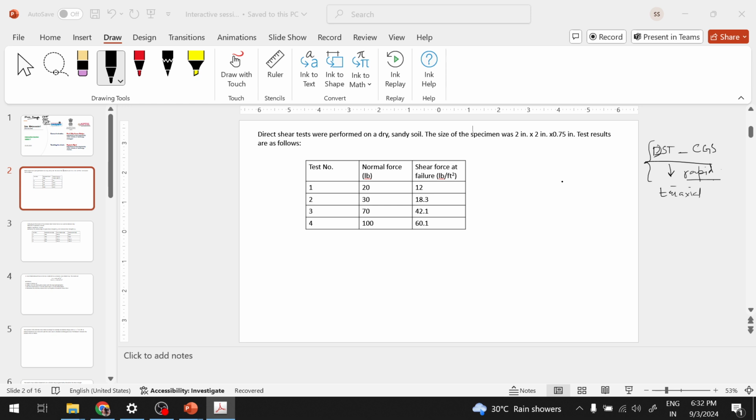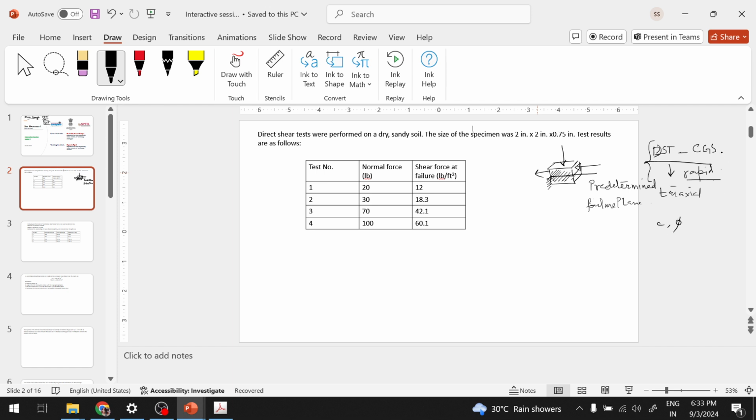So in the direct shear test, we have this apparatus in which we have a cuboid with an upper box and a lower box, and we fill this entirely with the sample, and we place a normal load over this, and with the help of a mechanism we start, this is stationary, and we start pushing this, and on this predetermined failure plane, we can calculate the C and the phi.